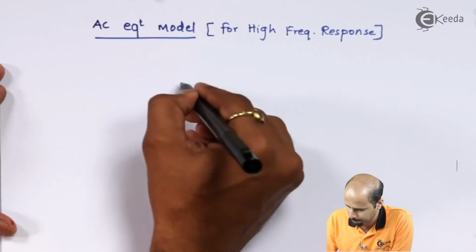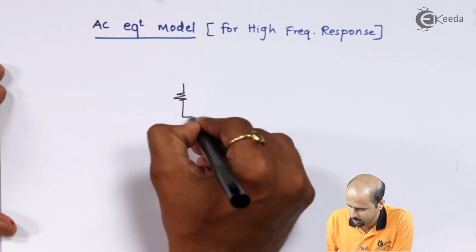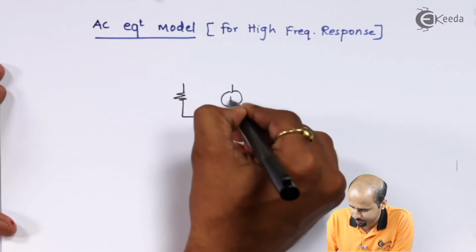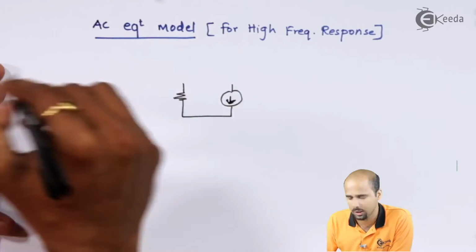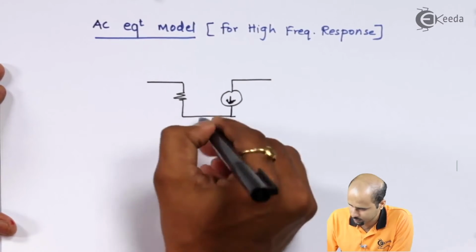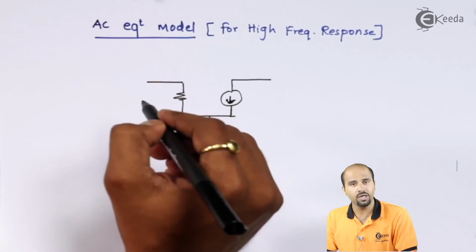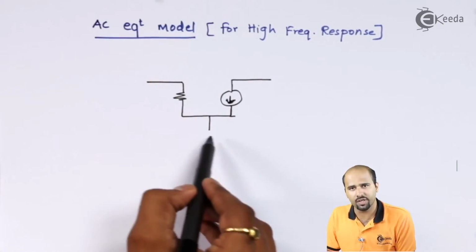For high frequency, we'll draw the basic BJT AC equivalent. As far as the emitter is concerned, we will not draw the emitter resistance over here.